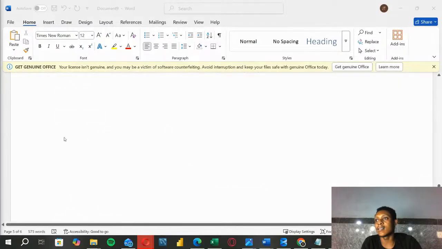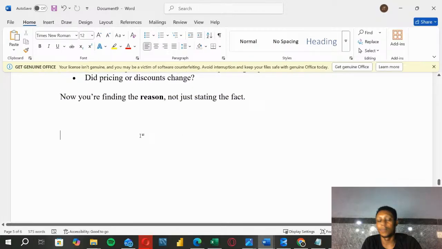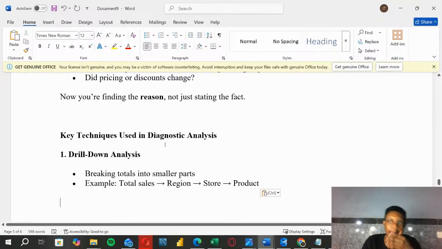Now the key techniques used in diagnostic analysis. One, drill down analysis: breaking a total into smaller parts. Example, total sales broken into region, store, products.